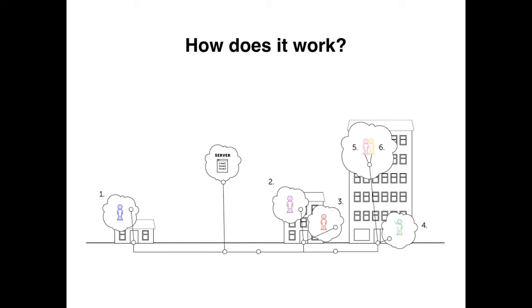So he will go to the server because that's the nearest point and best path to get the content. But if you take the guy number 2, he could get the content from someone that's closer. So if 3 is already on the site and has the content, number 2 could load it from number 3. And as you see here, you would have a really fast path between them because you wouldn't have to go too far in the network.